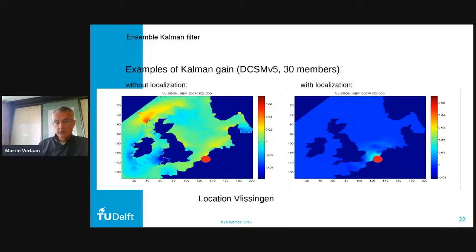And then with localization, you remove all the faraway correlations, and you end up with updates that are localized around the particular tide gauge. And of course, you do this for every tide gauge. This is an important step to limit the number of ensemble members that you need to get a good application.